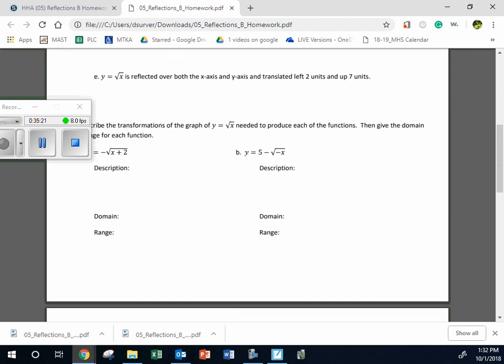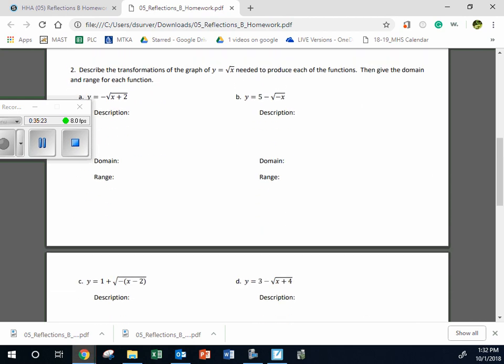Let's go down, and you can skip D as in donkey here. No, wait, I'm wrong. We're going to skip C as in cat, because this one, people mess up D all the time, and I want you to not mess this up on the test. Some kids go, well, you said things in front like this is a vertical stretch?